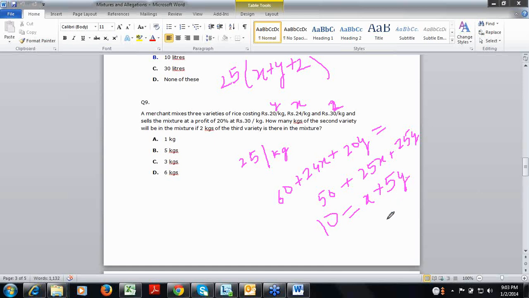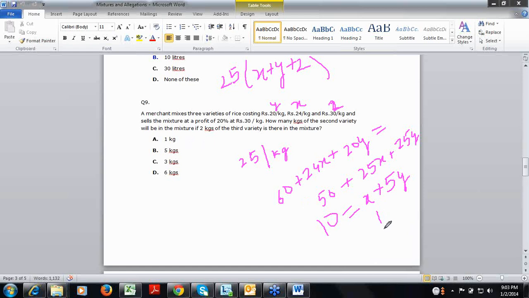Now what we have are options 1, 5, 3 and 6. Put in the options for x. If x is equal to 1, then can we have an integer value of y?